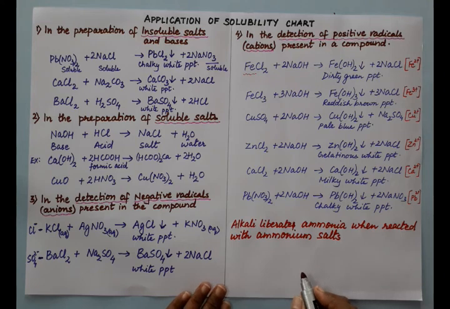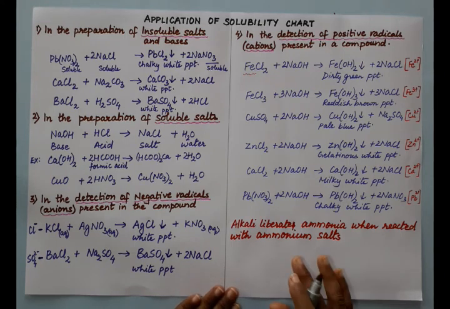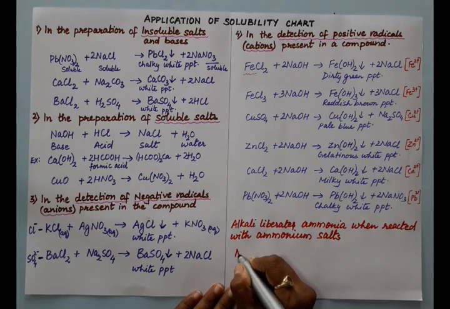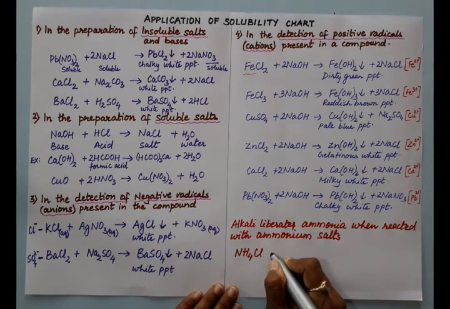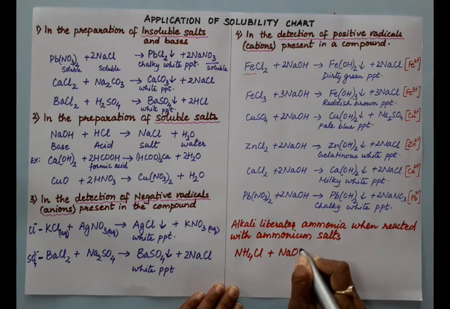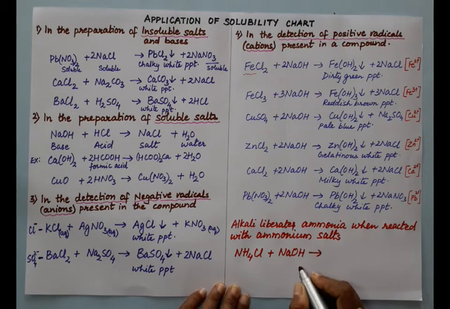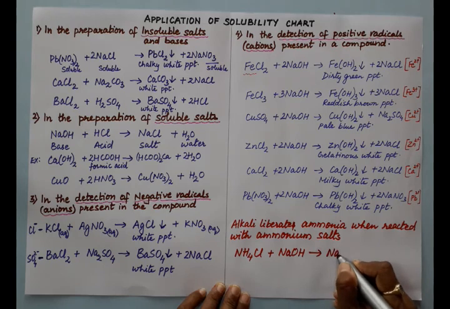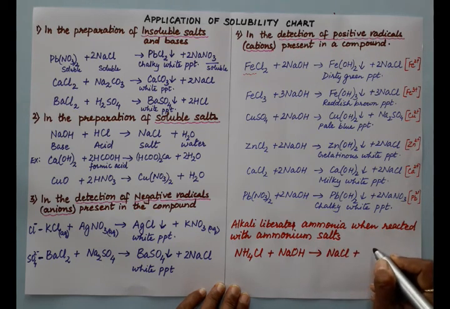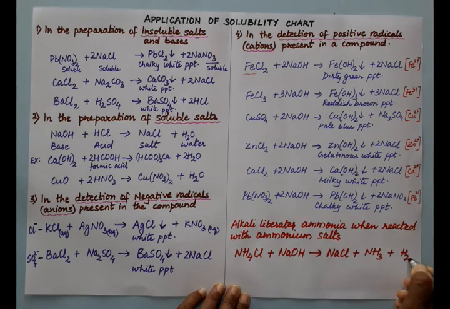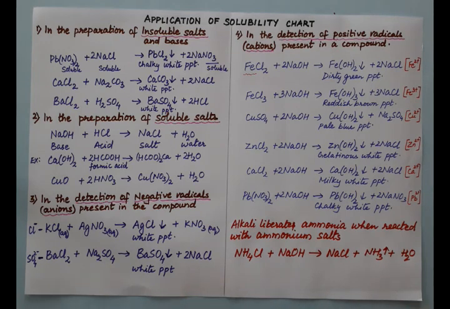For this, let us take ammonium chloride as the ammonium salt, and any alkali we can take: NaOH, KOH, calcium hydroxide. When these two react, we get sodium chloride, ammonia and water. So ammonia gas is liberated, and the test of ammonia gas is that when a rod dipped in concentrated HCl is brought near ammonia gas, dense white fumes of ammonium chloride are seen.